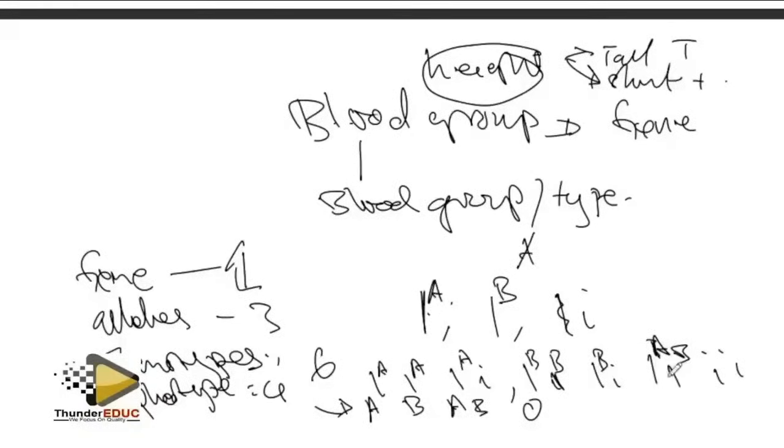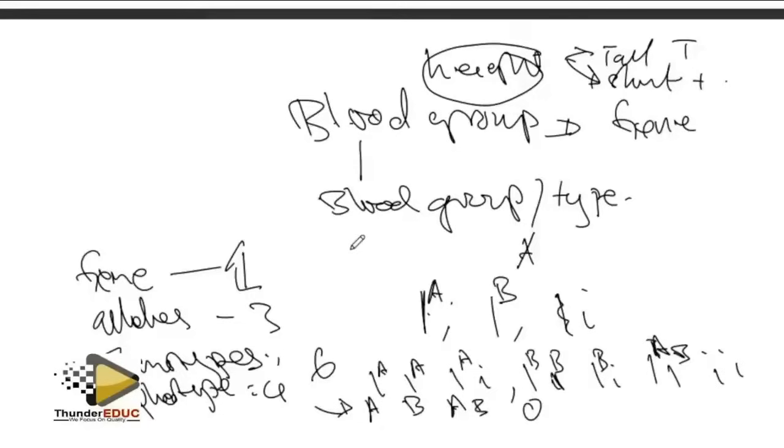This is the codominant or heterozygous. This is heterozygous, homozygous, heterozygous, homozygous. So there are 6 of them. 1 gene, 3 alleles, 6 genotypes, 4 phenotypes.